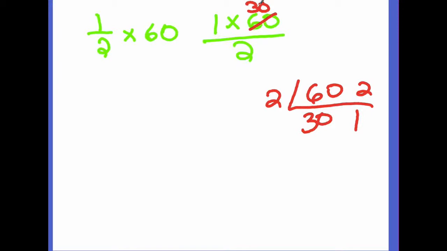What number is going to replace the 2? 1. 1 times 30 is 30 over 1, and we don't care about the 1 anymore. So 1/2 minute is the same as 30 seconds. Does that make sense? 1/2 an hour would be 30 minutes.